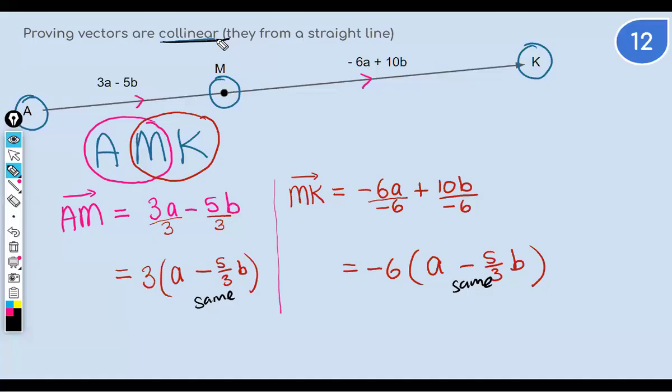The moral of the story is this: factorize both vectors until the inside of the brackets look exactly the same. The outside doesn't matter. You just need the brackets part to look not similar, but exactly the same. That's the end of the question. That's how you prove these 3 points are collinear.